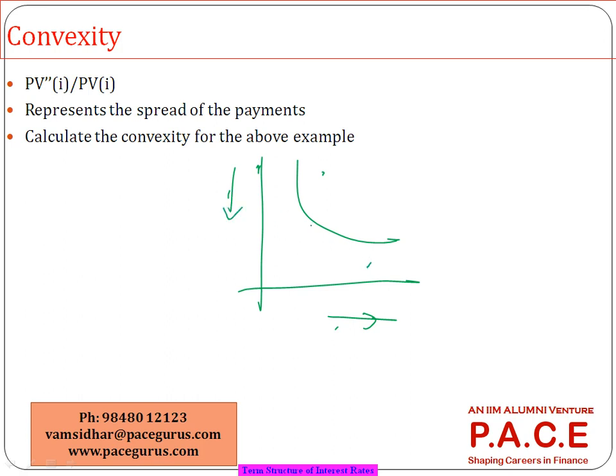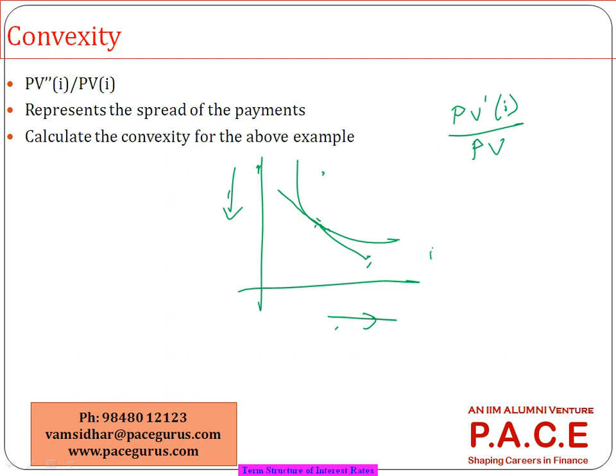And the duration is nothing but the first derivative, because we said PV dash with respect to I divided by PV, which, if I am looking at a curve, is nothing but the tangent to the curve. Duration is nothing but the tangent to the curve.